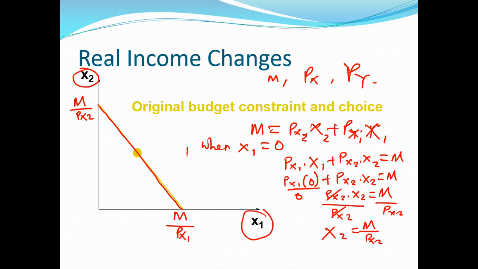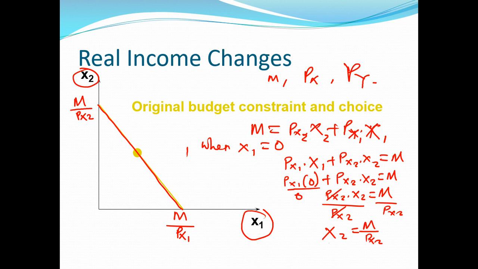So we are assuming that the consumer is only consuming one commodity at a time, dedicating all his income to the consumption of this particular one, and therefore consuming nothing of the other commodity. That is how the budget line is constructed.